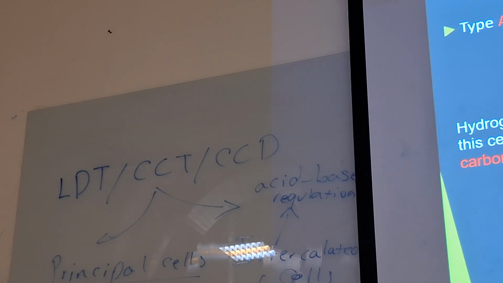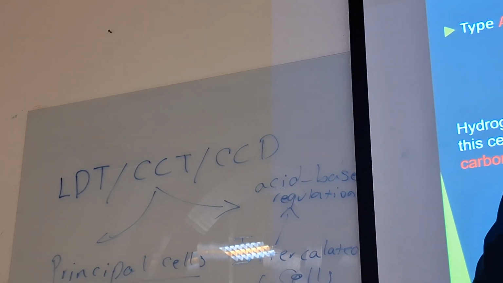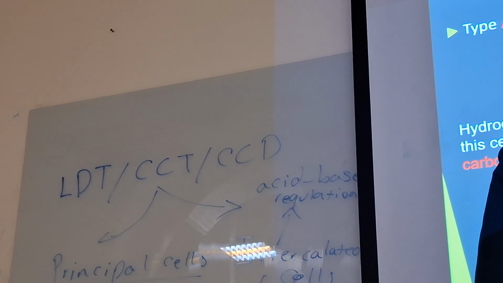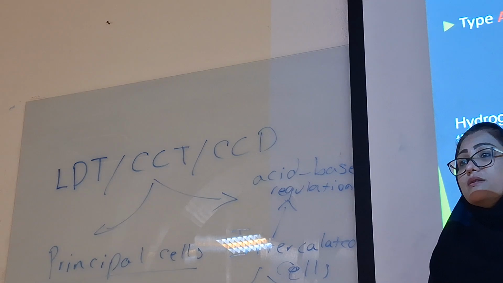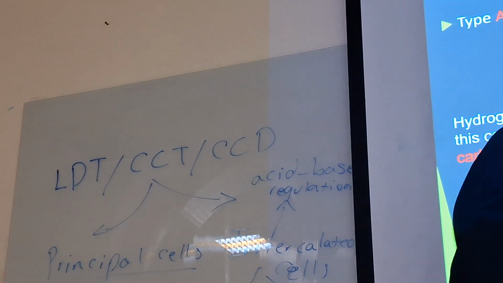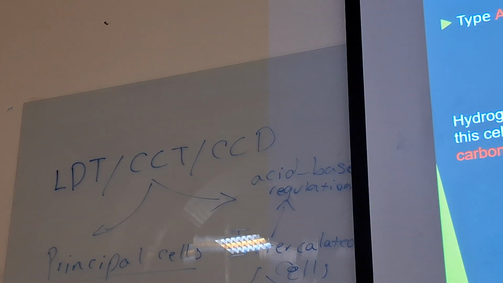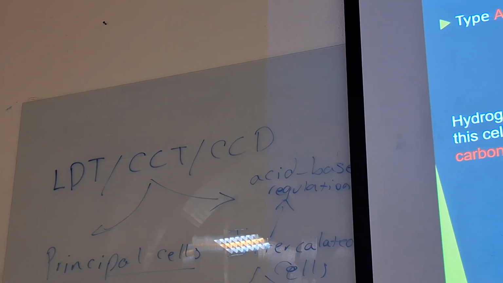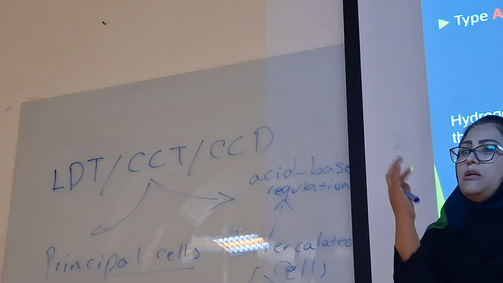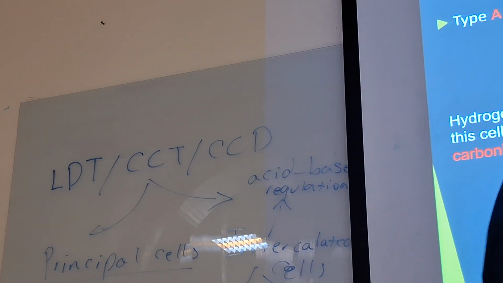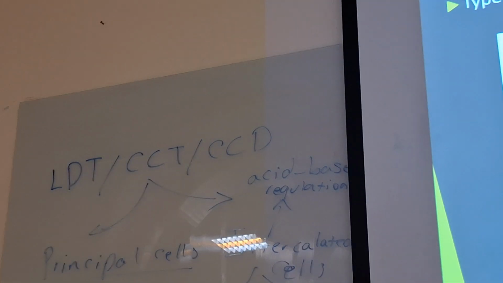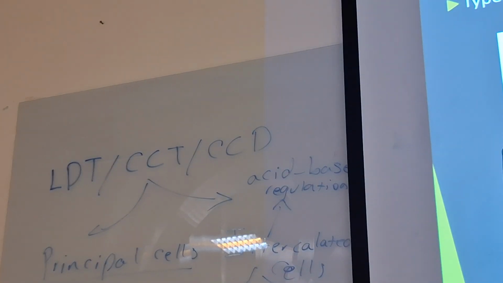Hydrogen is secreted by hydrogen ATPase and hydrogen potassium ATPase. Bicarbonate is reabsorbed by the bicarbonate chloride exchanger in the opposite direction. It is active in acidosis, because we have excess hydrogen that must be excreted. But you have to keep in mind the location of transporters and channels, and after that for type B, you have to change the location.